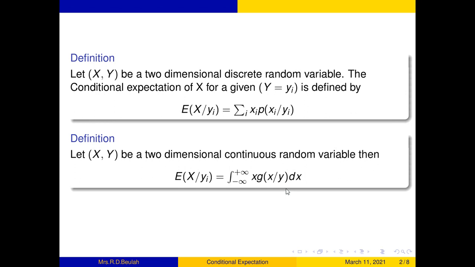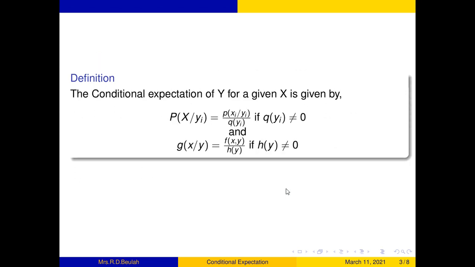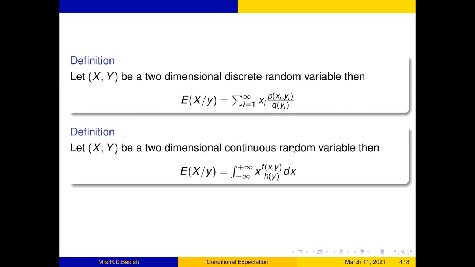Similarly, we can define the conditional expectation of Y for a given X. We know that p of x by yi is equal to p of xi comma yi divided by q of yi if q of yi is not equal to 0, and g of x by y is equal to f of x comma y divided by h of y if h of y is not equal to 0. Then we can also define the conditional expectation of X for a given Y. Let (X, Y) be a two-dimensional discrete random variable.